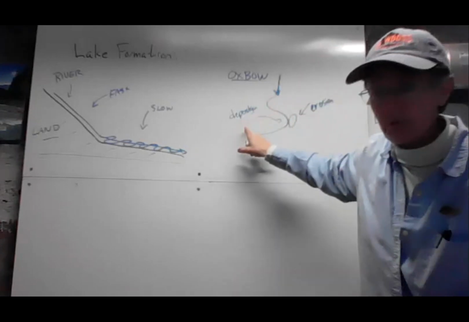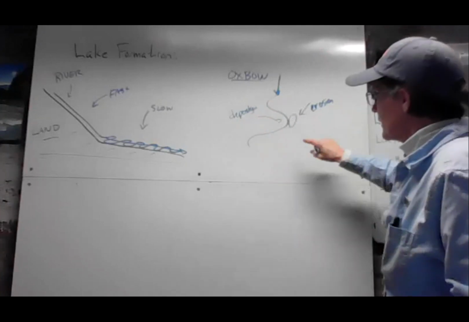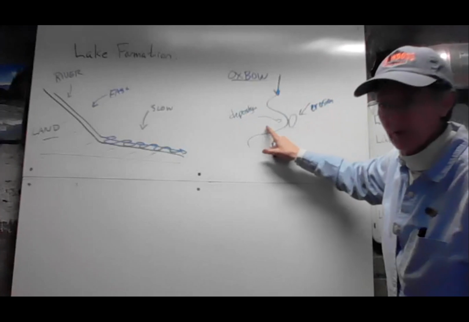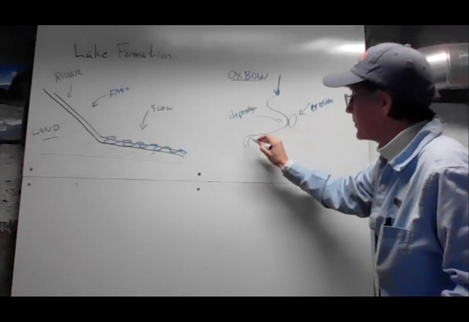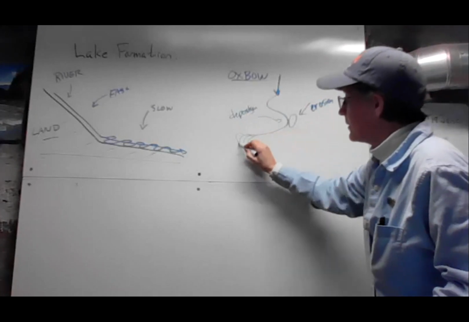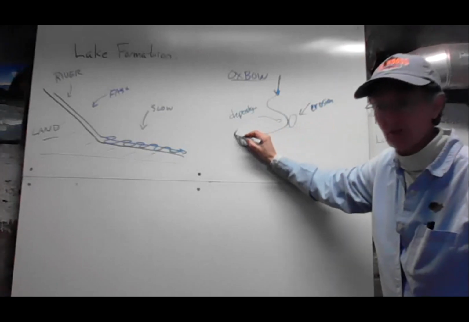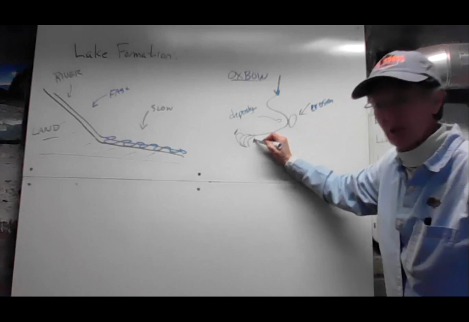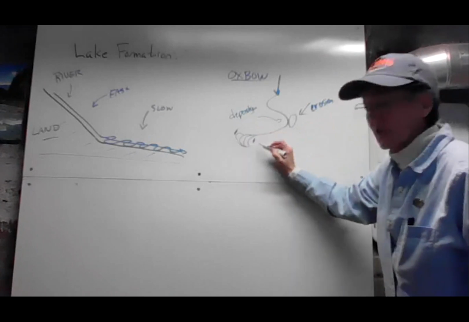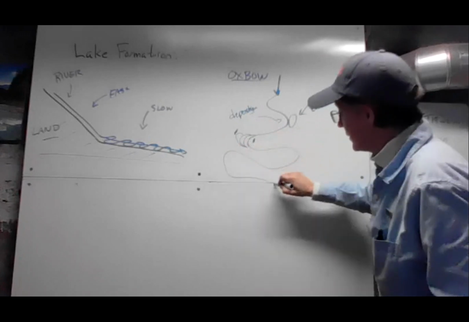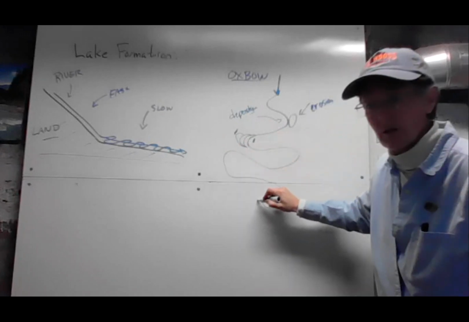That's the word deposition. And so what happens over time is that where you've got a little bit of a curve, you tend to have a bigger curve, because it's eroding on this side of the curve and depositing here. So you tend to get wigglier and wigglier and wigglier curves.